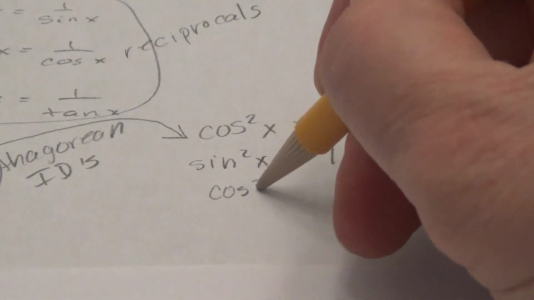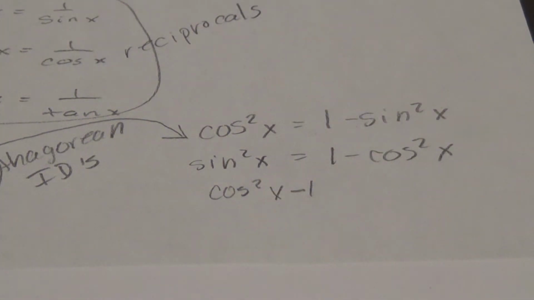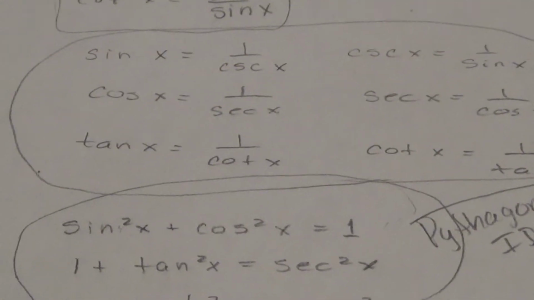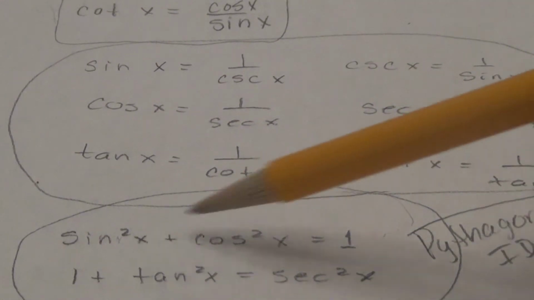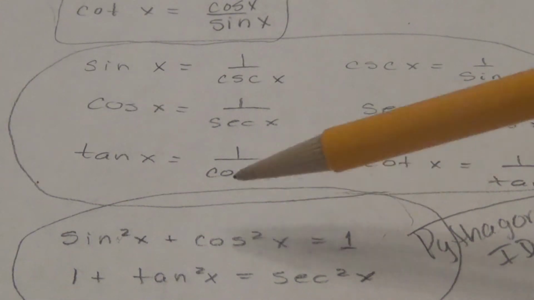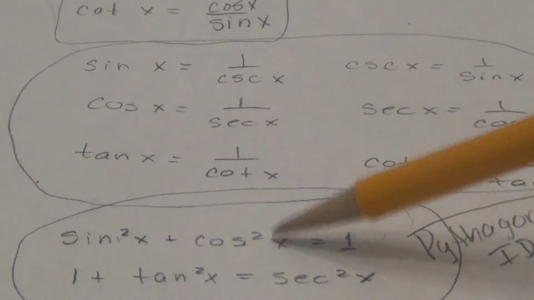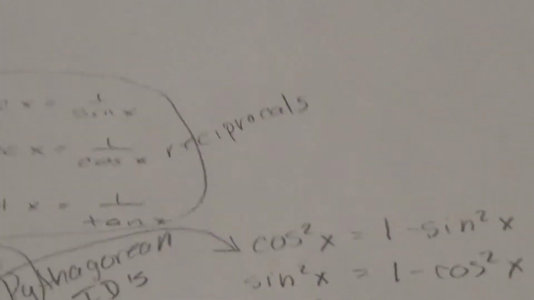Cosine squared x minus 1. What would that equal? So that is a rearrangement of this trig ID, and I notice cosine squared is on the left, and 1 is also, so 1 has been moved over where it became negative.